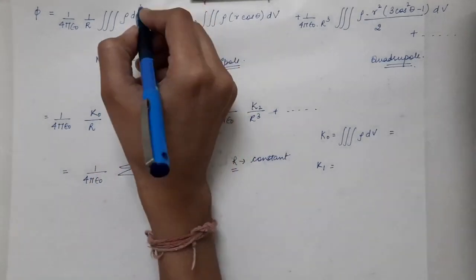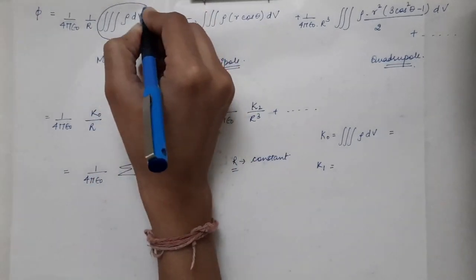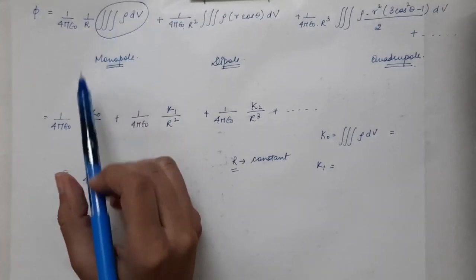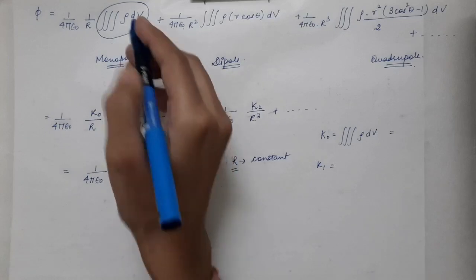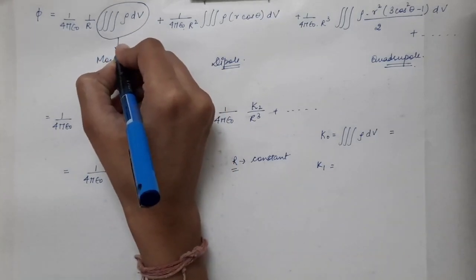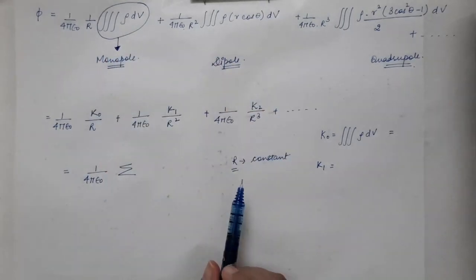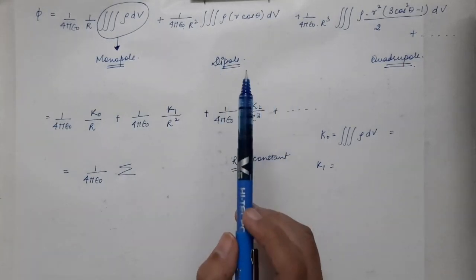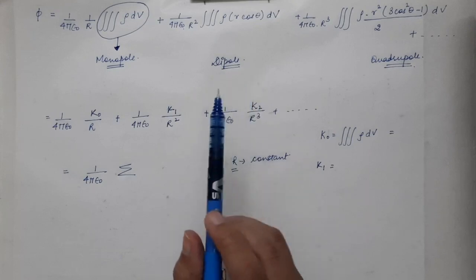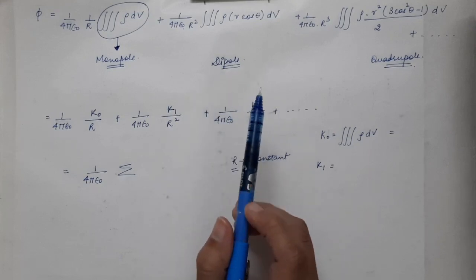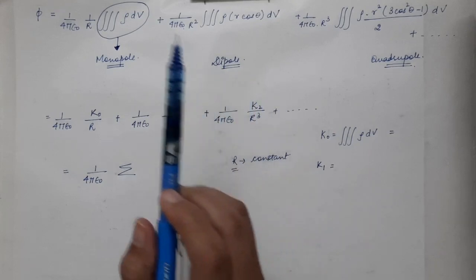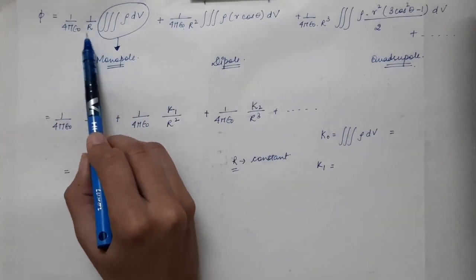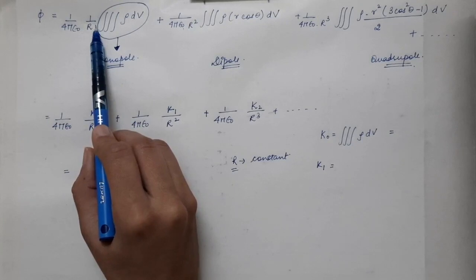So this first term with the integral, that is rho into dV and its integration, is called the monopole. Now what we have done in this whole article is that we took an arbitrary charge distribution, and we found the potential at a particular observation point which was at a distance of r from the origin of the coordinate system.